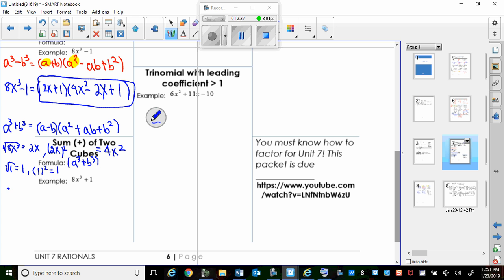Now, from writing this out appropriately, I have 8x cubed plus 1, this equals starting off, a minus b, or 2x minus 1 times the quantity of 4x squared plus 2x plus 1. And there is your sum of two cubes.